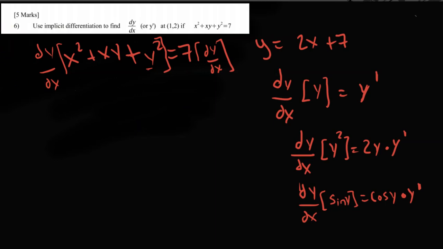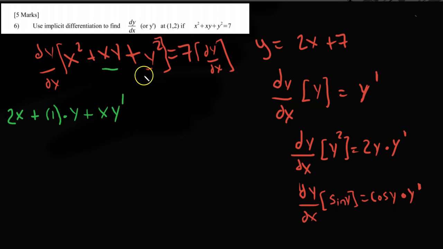So let's go term by term here. The derivative of x squared is 2x. If it's x's, you differentiate them like normal. With the next term, we've got a product rule. The derivative of the first, which is x, is 1, times the second, plus the first times the derivative of the second, and as I said, with implicit differentiation the derivative of y is y prime.